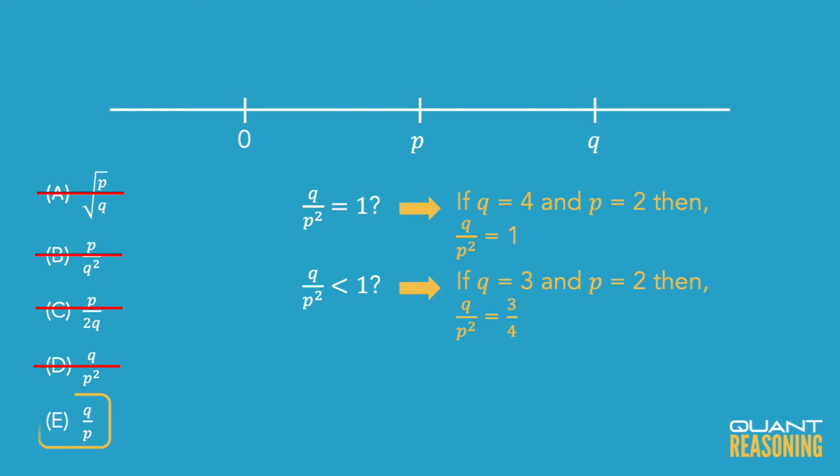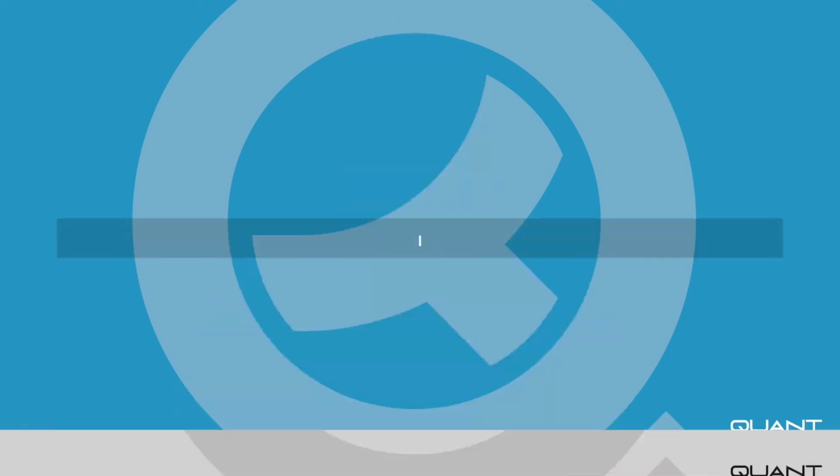So answer choice D could fall on either side of 1 depending on the exact values we choose for p and q, and that's why we can eliminate answer choice D. So to recap, with these 5 answer choices, the only one that we can say must be to the right of 1 is the reciprocal of p over q, which is answer choice E.